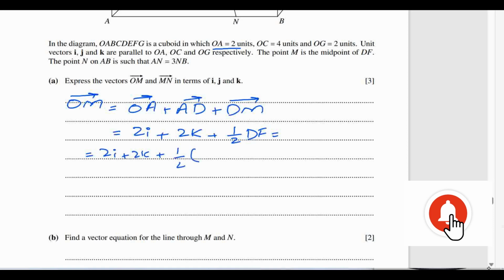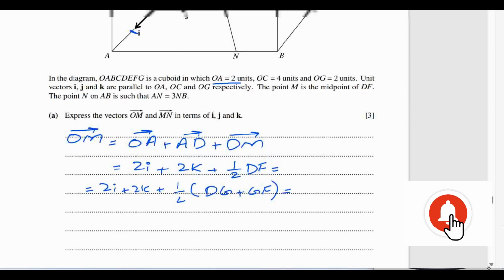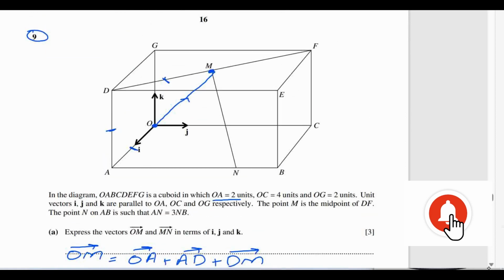Now DF will be DG plus GF. What is the value of DG? Let's see. DG is parallel to AO, but the direction is opposite.